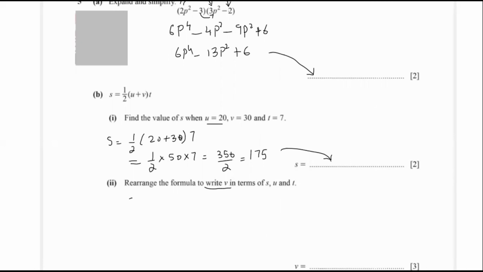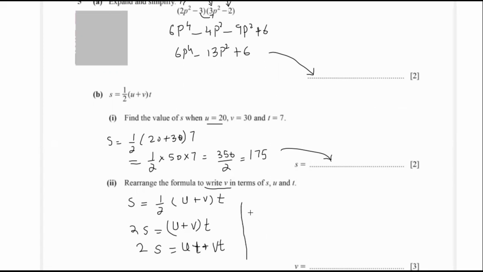Now we write the formula here as S equal to 1 over 2 (U plus V) into T. Now we can move this 2 across, so 2S will be equal to (U plus V) into T, and then 2S will be equal to UT plus VT, and that can be written as 2S minus UT equal to VT, then V will be equal to (2S minus UT) over T, and this is the answer.